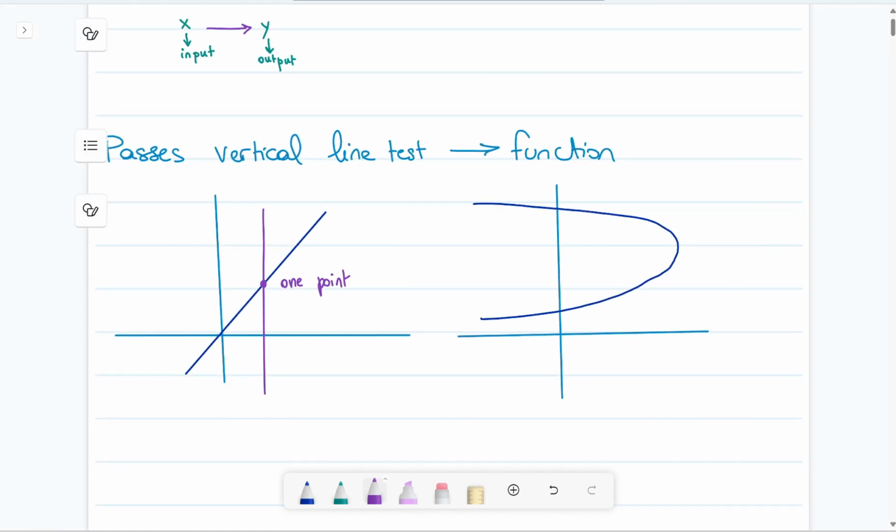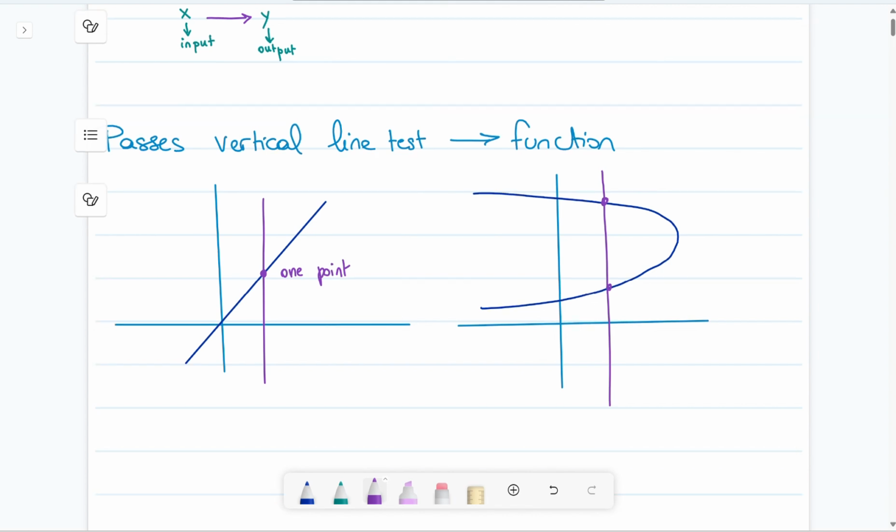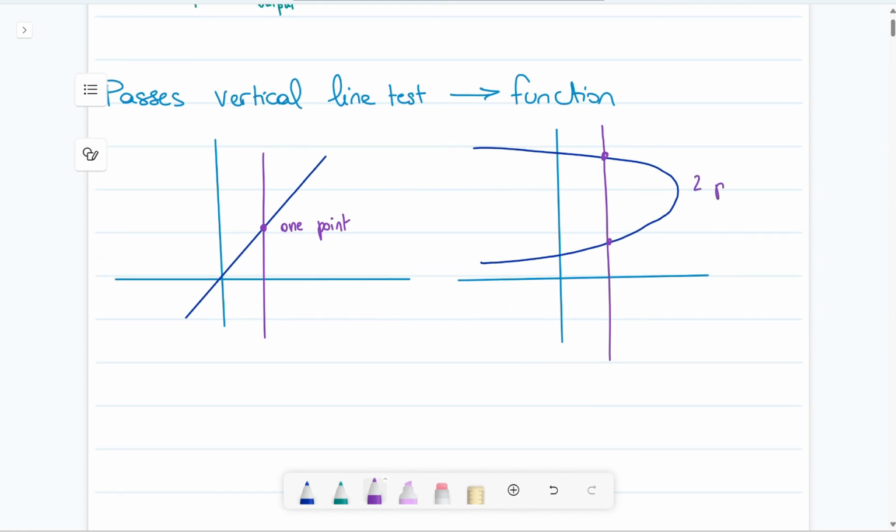Now let's look at the other one on the right. I drew a vertical line. It passes in 2 points. So what we can conclude from that is, if it passes in only 1 point, then it passes the vertical line test, so it is a function.